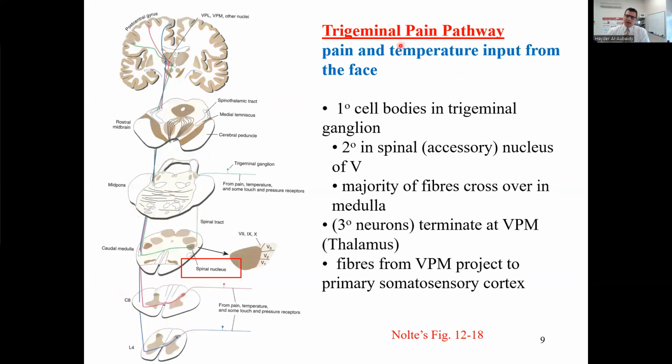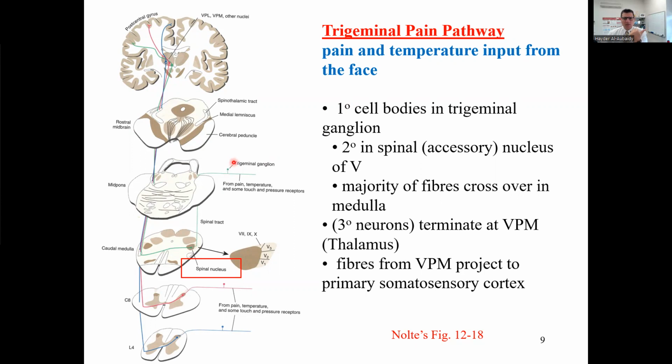Let's look into the next pathway, which is the trigeminal pain pathway. It's responsible to carry pain and temperature input from the face, which should be similar to the lateral spinothalamic tract. The cell body for the first order neuron will be the same, the trigeminal ganglia.